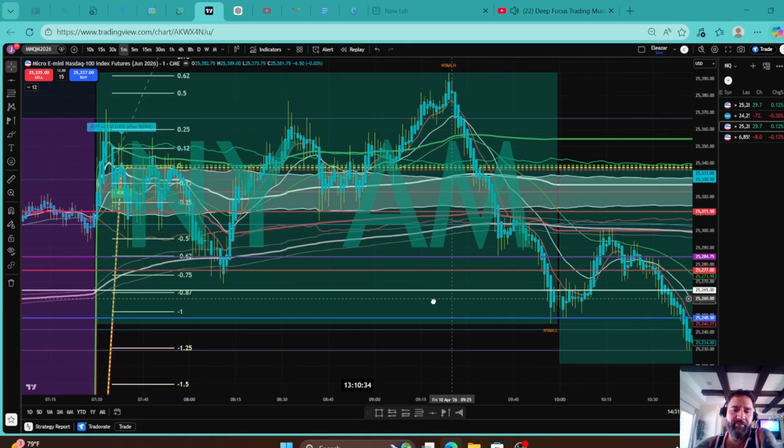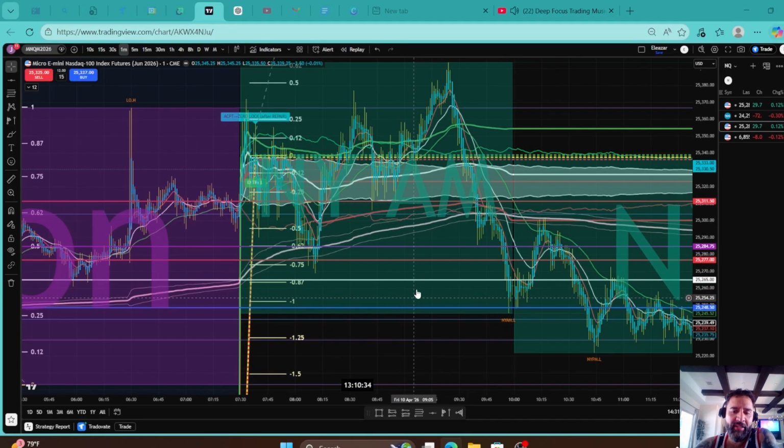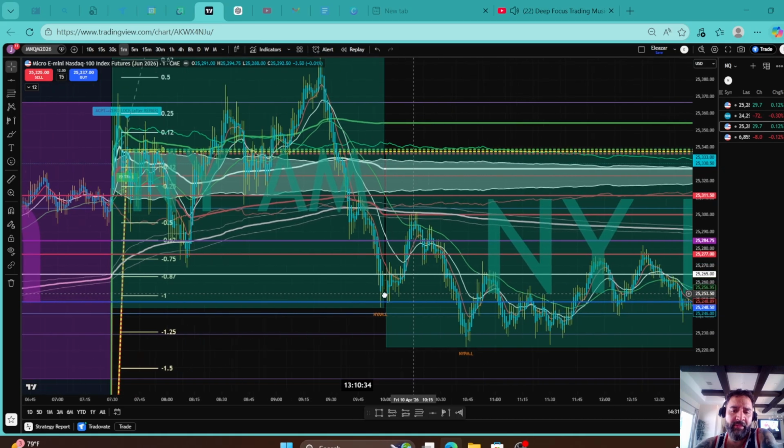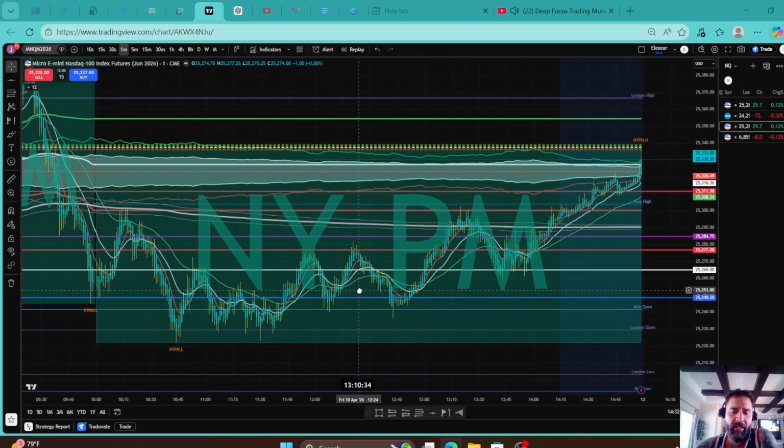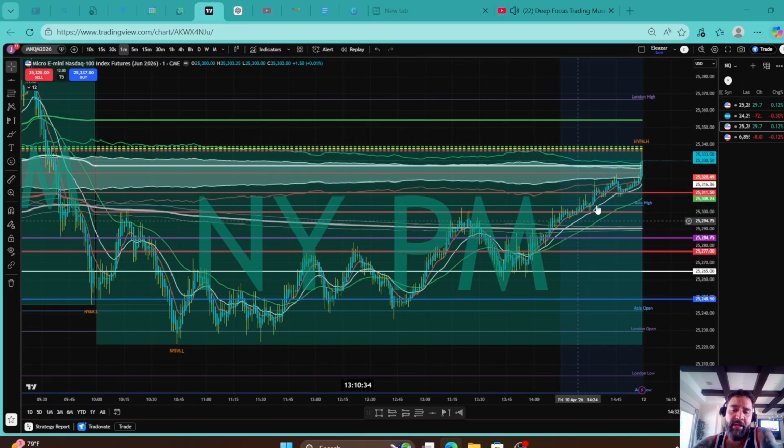Now you'll see that it comes back down to the mids, to the POC, New York value, comes into New York value once again, and then it rejects right at Asia mid, rejects into VWAP, and then it just goes back and forth here. And you see that at the end of the day, it kind of came back up into auction zero.